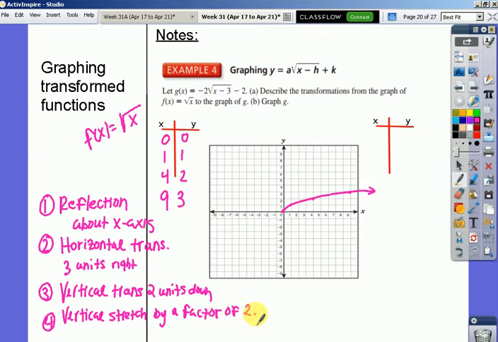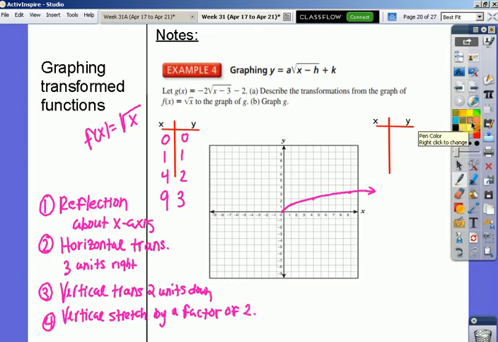Excellent. Okay, so on the homework, on this part, that's what it's going to ask you to do. You do this, you list the transformations, and then you just plot points.